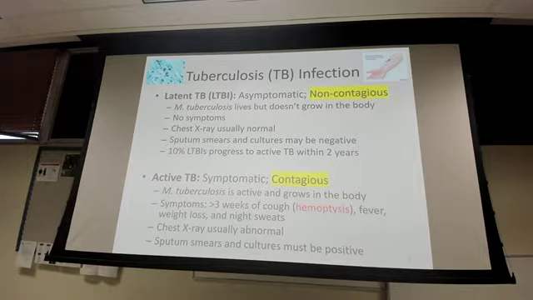As opposed to those in active TB, they're symptomatic and they are contagious. In active TB, you will see symptoms of cough going on for more than 3 weeks, fever, weight loss, and night sweats. Their chest x-rays may come up abnormal, and their sputums and their cultures will be positive, okay? So now you know the difference between those two.